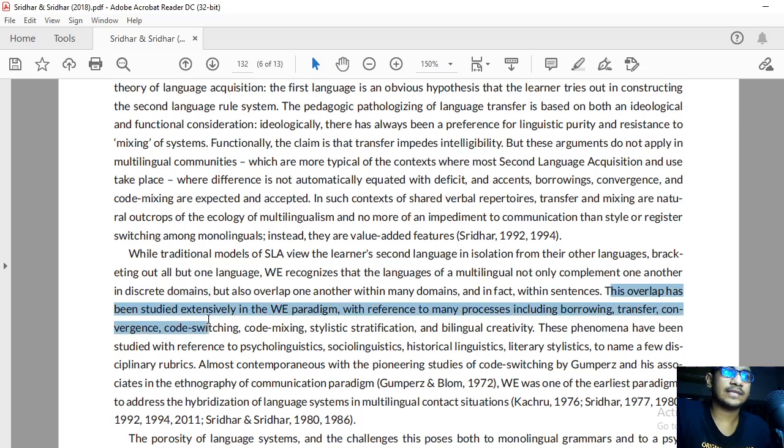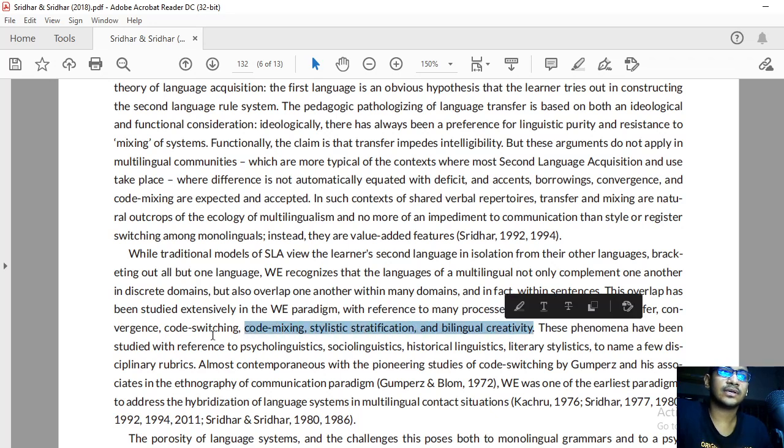This overlap has been studied extensively in the World Englishes paradigm with reference to many processes including borrowing, transfer, convergence, code switching, code mixing, stylistic stratification, and bilingual creativity. So all these are specific fields of research. You can search them up.